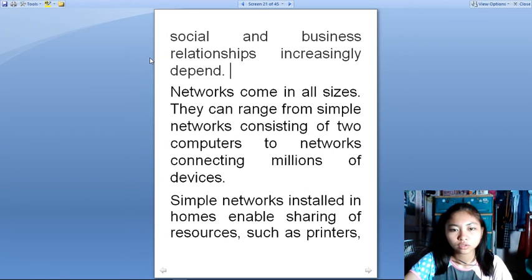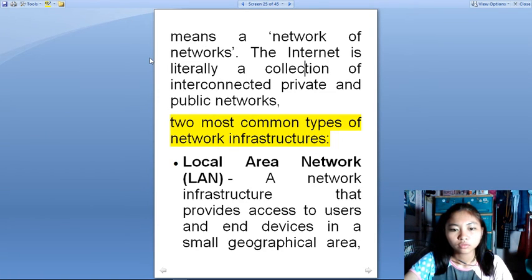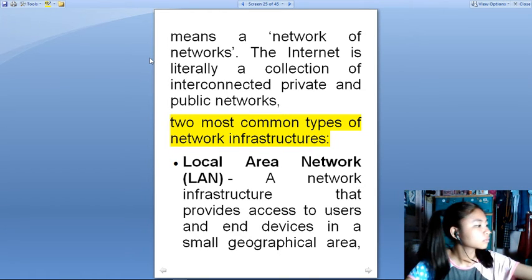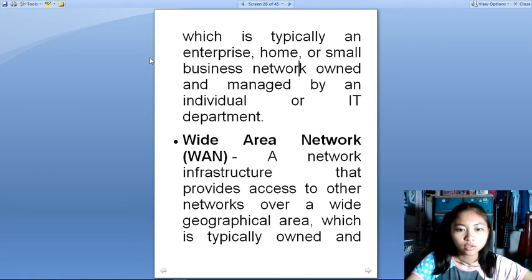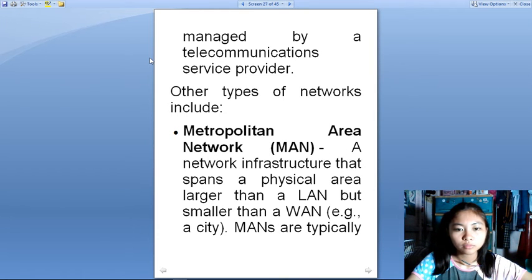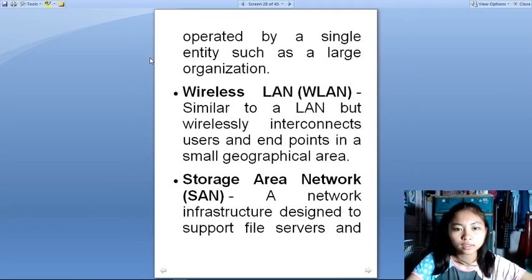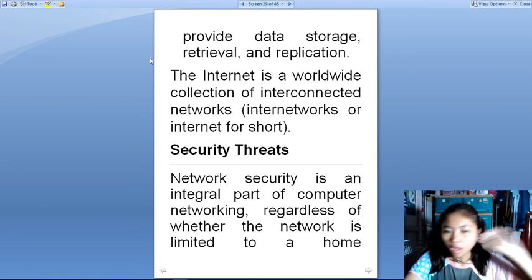For the conclusion, we have two most common types of network infrastructures. First is the local area network or the LAN, wide area network or the WAN, metropolitan area network or the MAN, wireless LAN or the WLAN, storage area network or the SAN.